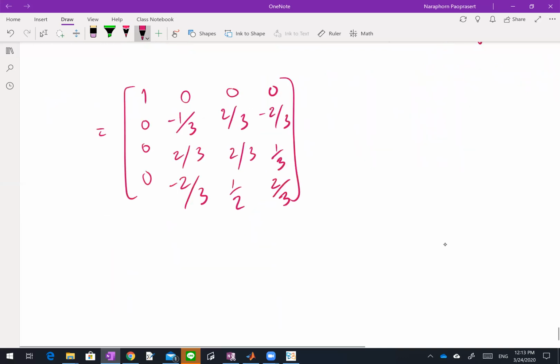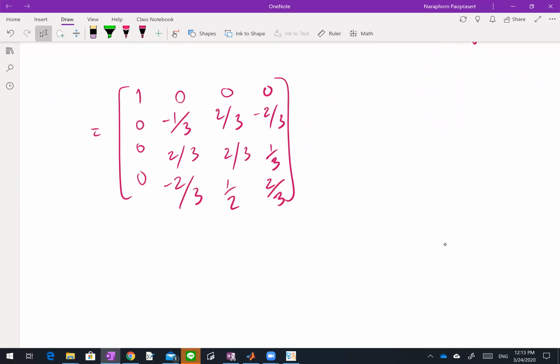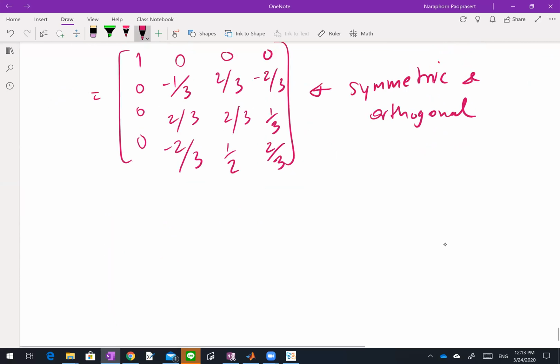So after the calculation, this is what you get for the matrix P. Note though again that this matrix is symmetric and orthogonal. So once you have the matrix P, you calculate A in the second round.